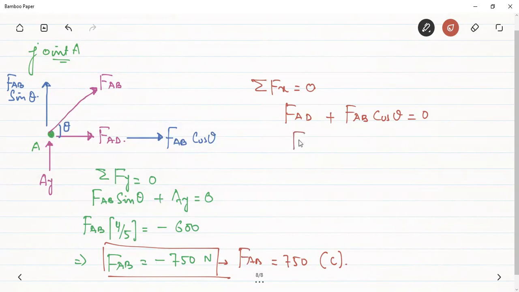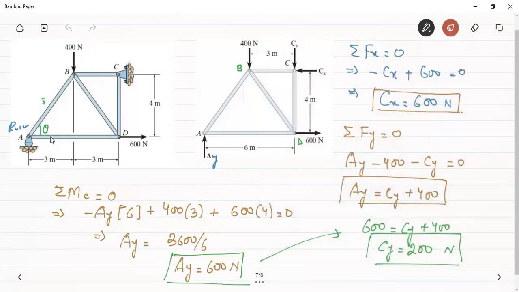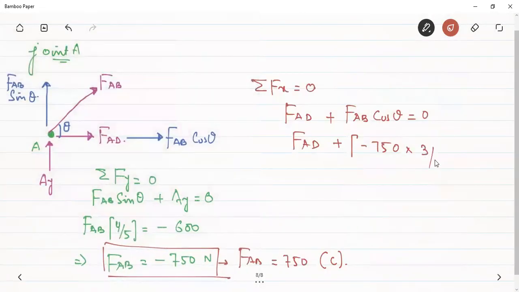Now FAD plus FAB cos theta. FAB is equal to minus 750 because I am continuing with this wrong direction. Cos theta from the same diagram can be found out. It is equal to base by hypotenuse. That is 3 by 5. So this has to be 0.